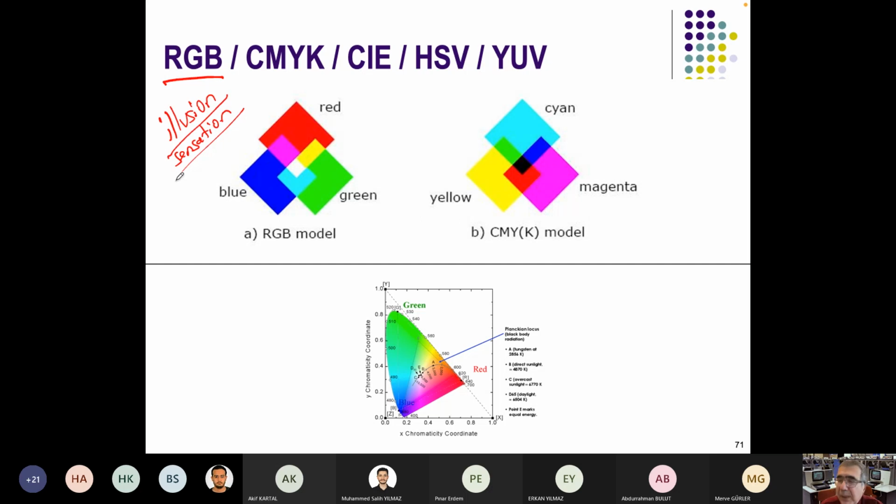Because when you have an object, if this object is red, that means light comes in, light comes out.